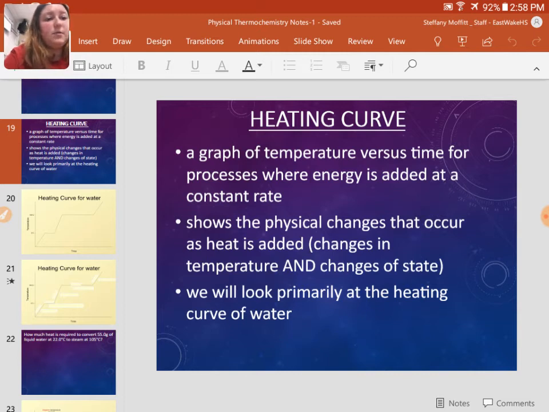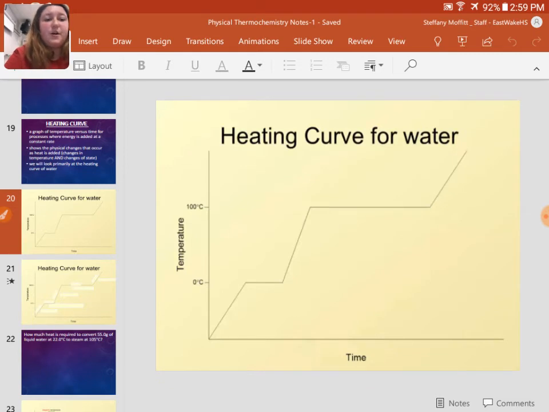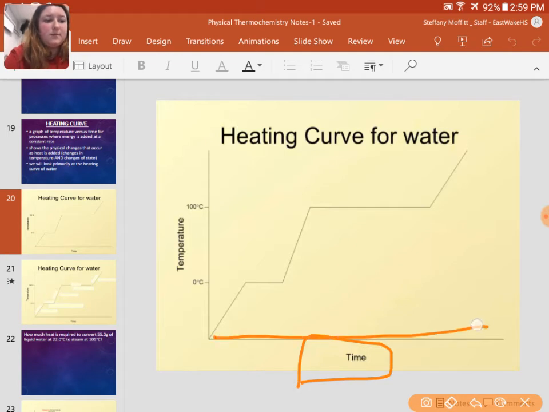It's going to show the physical changes, like the phase changes, as well as the heat changes and temperature changes. And then primarily we look at the heating curve of water. So the heating curve of water is here. So we see over time, time's going this way, temperature increase is going up.